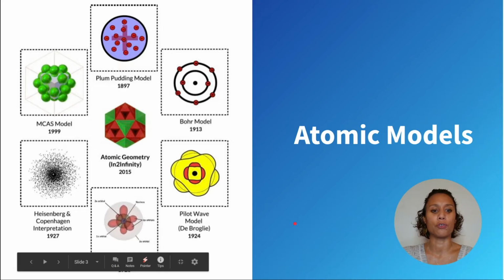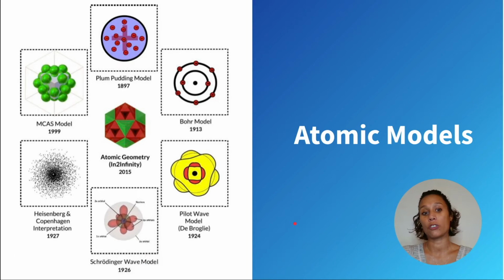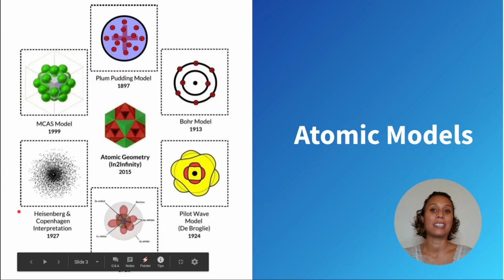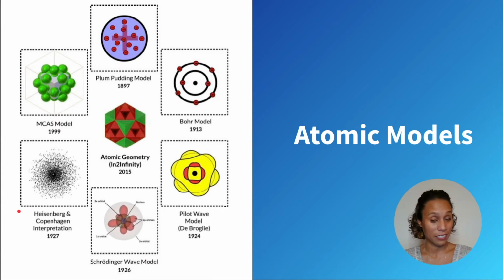Then in 1926, we have the Schrödinger wave model, which also describes the electron in terms of waves and explains that they can be located in certain places. This comes together with the Heisenberg model, which says that because the belief was that there are waves and particles at the same time, these particles could not be observed at the same time as their speed.